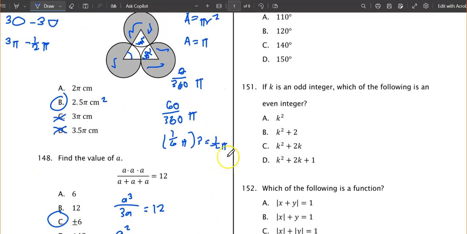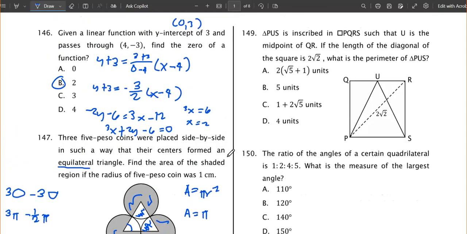Let's do 149. Triangle PUS is inscribed in the square PQRS such that U is the midpoint of QR. So U is a midpoint, they're congruent. If the length of the diagonal of the square is 2 root 2, what is the perimeter of PUS?